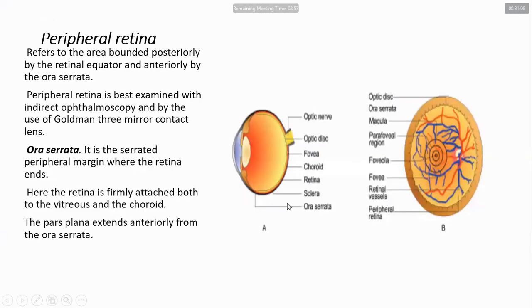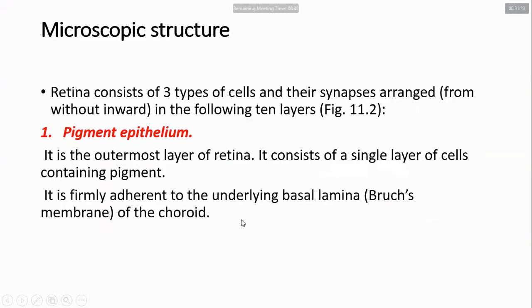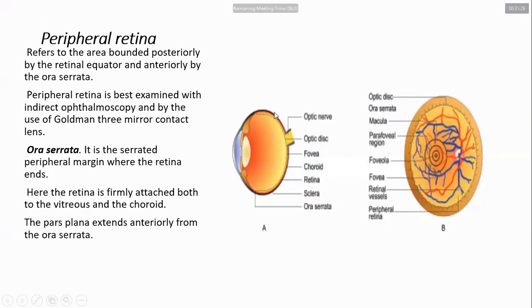If you see in this picture, the layers continue in this fashion, and this RPE is the outermost layer. After the sclera you can see the choroid, and it is attached to the basal lamella of the choroid.